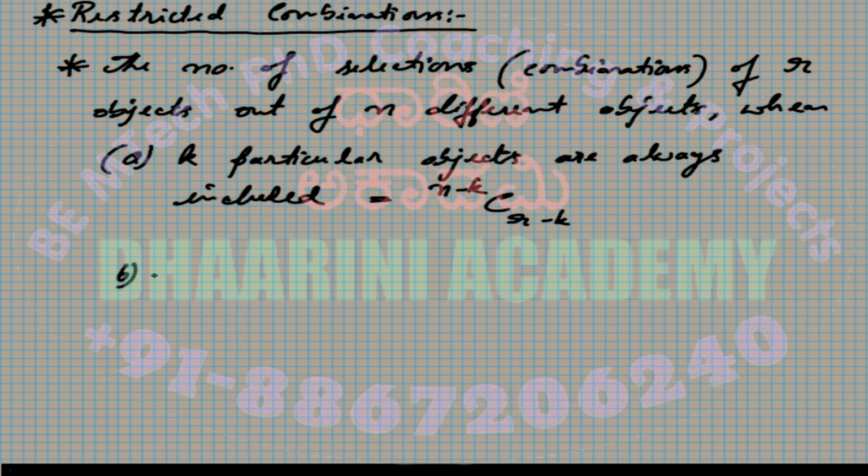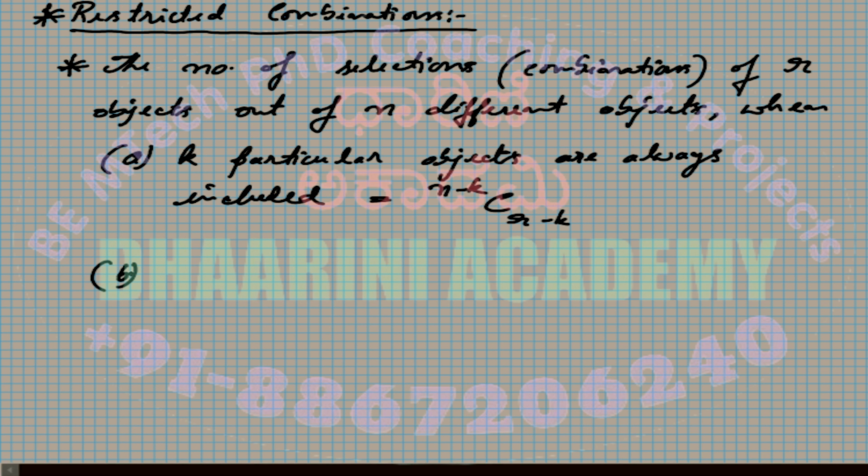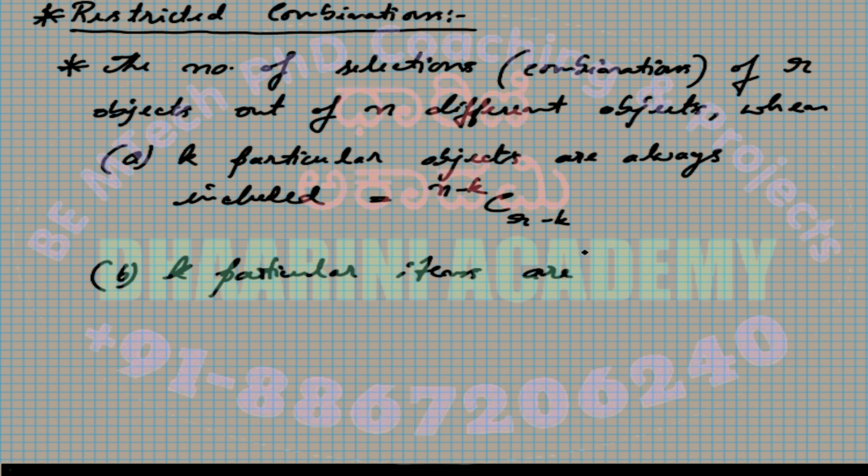At the same time, there is another clause for this. If you want to eliminate k particular items always, so k particular items or objects are never included.